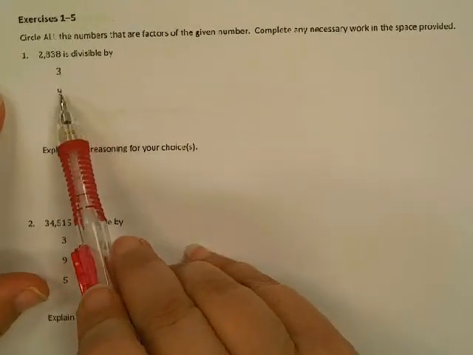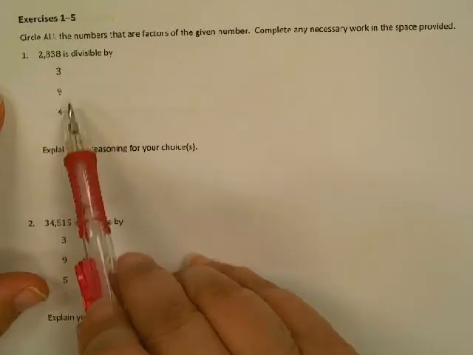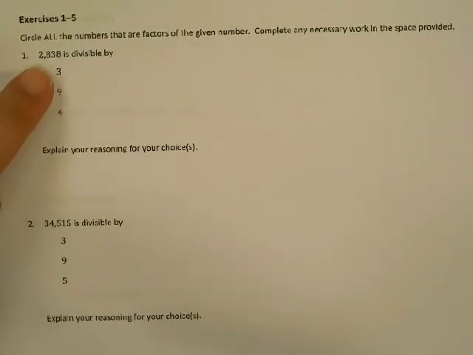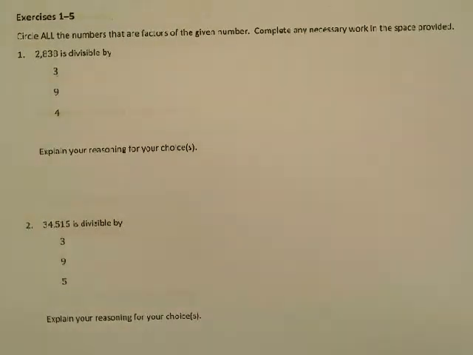Is this number divisible by 9? Is this number divisible by 4? If it's divisible by 3, then you simply circle the 3. If it's divisible by 9, then you circle the 9. If it's divisible by 4, then you circle the 4. And you're going to do that whole thing with a partner. So go ahead and pause your video, work those out, and then you can come back and check your answers.